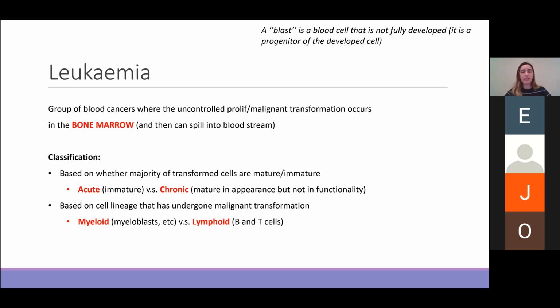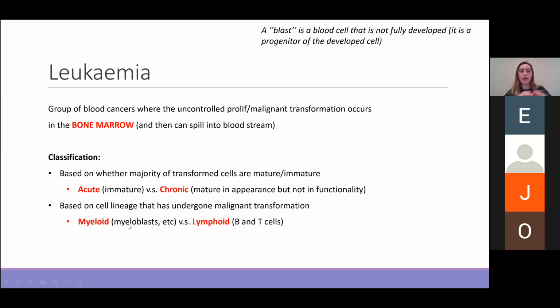So acute is if you've got immature cells that have been transformed, and chronic is you've got the mature ones that have been turned rogue, and they're mature in terms of what they look like, but not in function. So not technically mature in that sense. You can also classify it by which lineage has actually done the transformation.